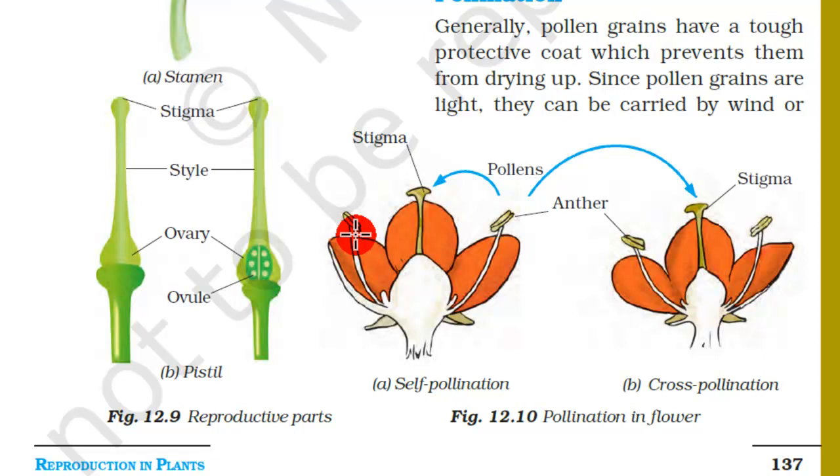Here we can remember that flowers which contain either only pistil or only stamens are called unisexual flowers.